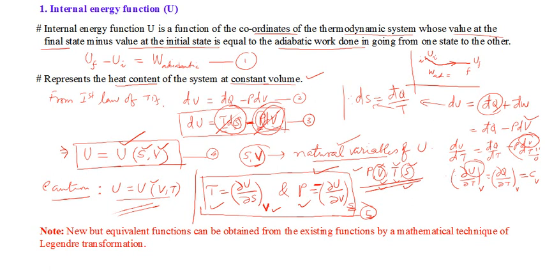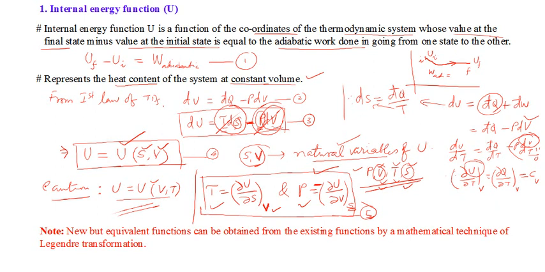We will see more of its implications in the coming discussions. My aim is first to introduce this concept one by one, and thereafter we'll go to the other detailed discussions.